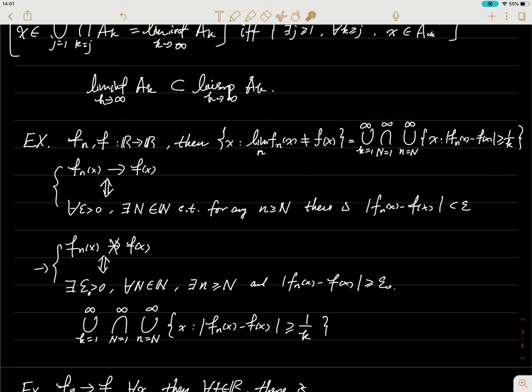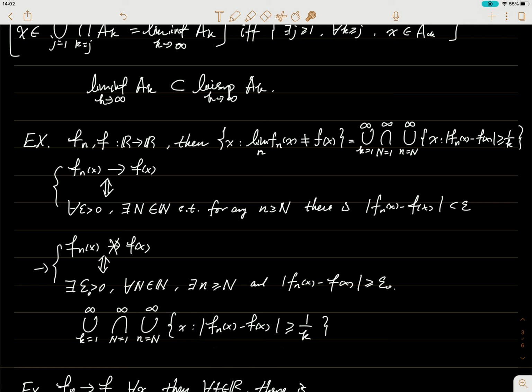Okay, and if that's the case, then remember that I can always rewrite this existence by union, right? There exists k means that it just needs to be true for one of those k's. And then for any n becomes intersection. And for any capital N, there exists little n bigger than capital N, that means you're taking the union over little n from capital N to infinity. And then this part would be bigger than or equal to 1 over k, and that's what I copy here.